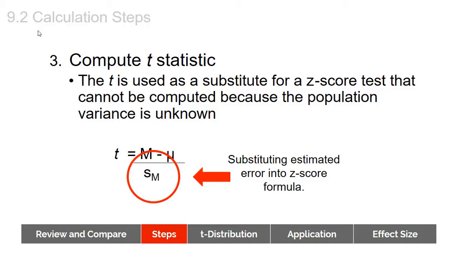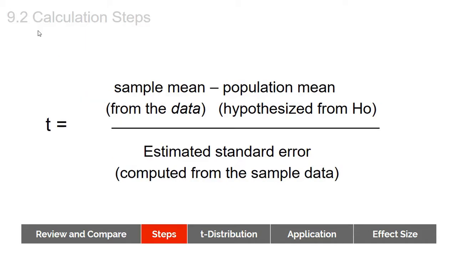The only difference really in this formula from the z formula is that we're substituting that estimated error into our z-score formula, the error that we were just computing in the last few moments. So our t-score is the mean of our sample minus the mean of the population divided by this new estimated standard error. The only difference really is that standard error piece.